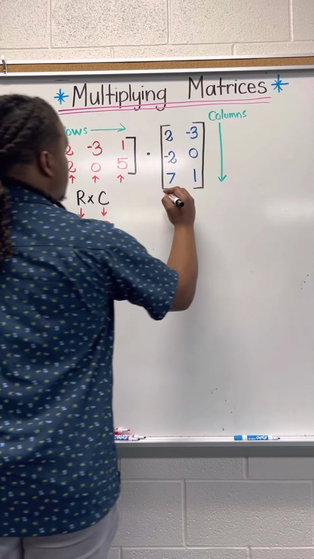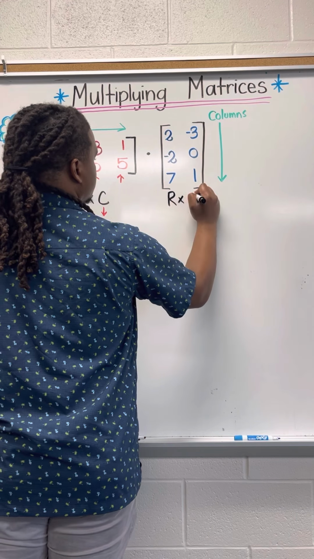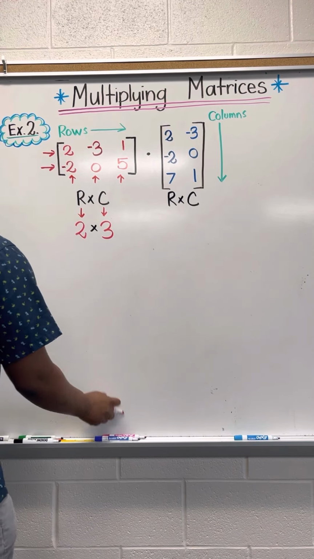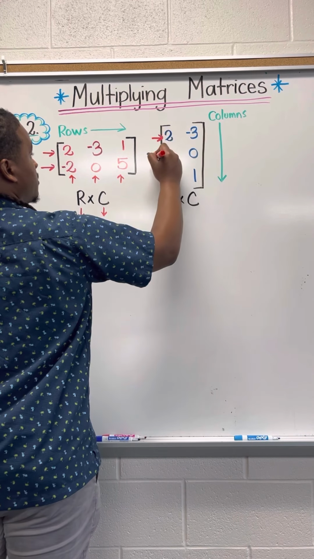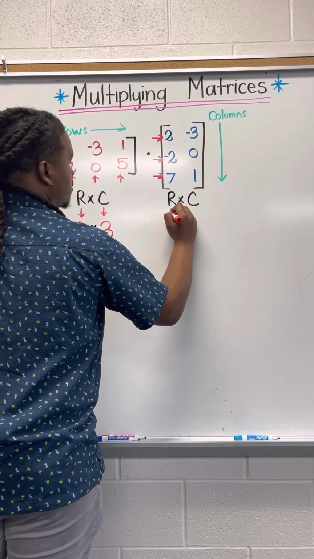Now let's do the second matrix. In this matrix, it has 1, 2, 3 rows.